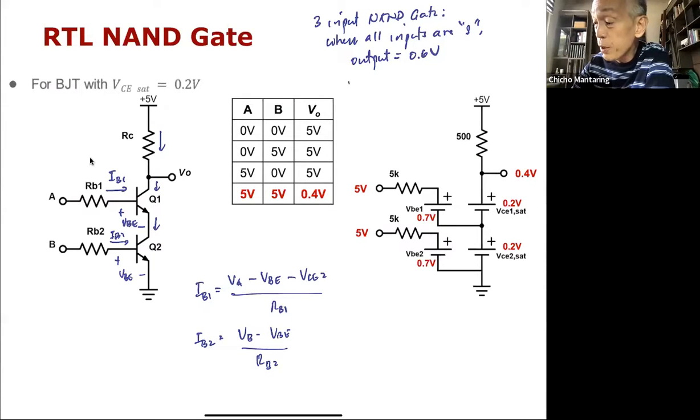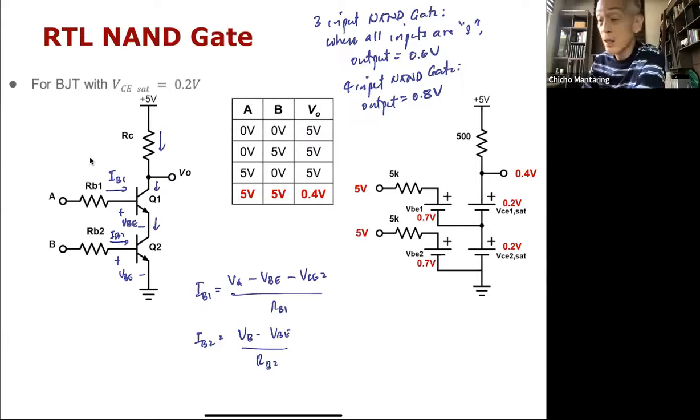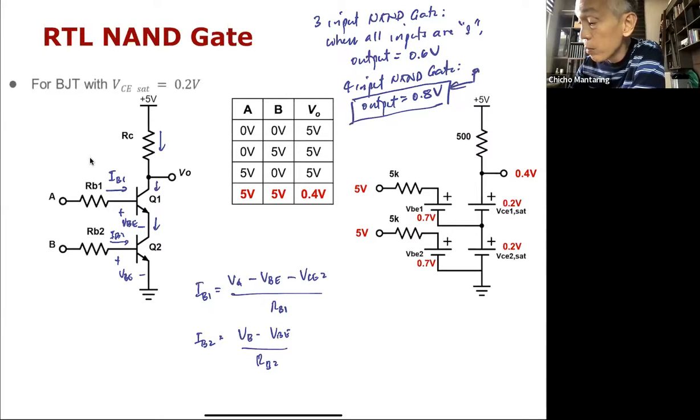If I have a 4-input NAND gate, my output will be equal to 0.8 volts. Now this is going to be a problem. Why will this be a problem? Can either of you tell me? Why would 0.8 volts be a problem?